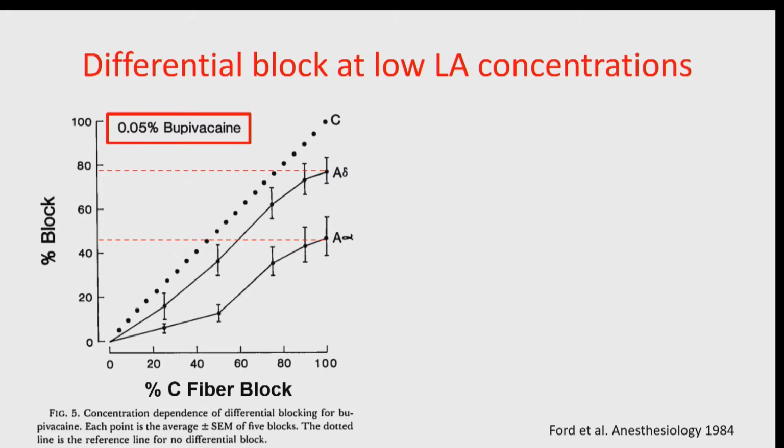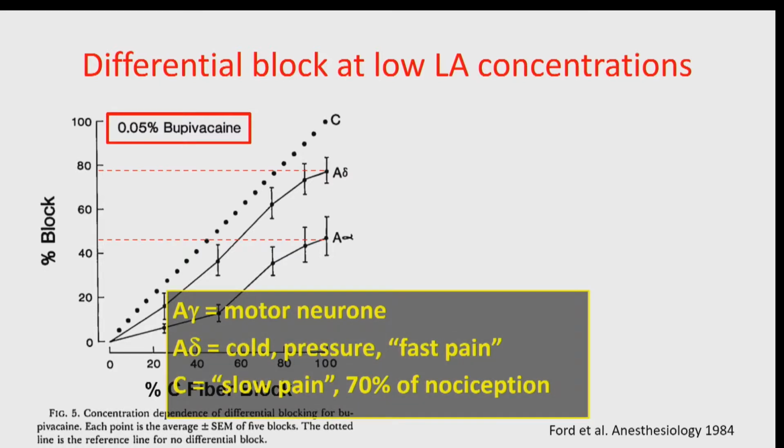In going back to some old studies that looked at the issue of whether one could achieve differential block, Ford and colleagues conducted experiments in some live cats, and what they found was that when they applied very, very dilute bupivacaine, 0.05%, to nerve fibers, they were able to achieve 100% blockade of C fibers, and C fibers are what conducts what's called slow pain.